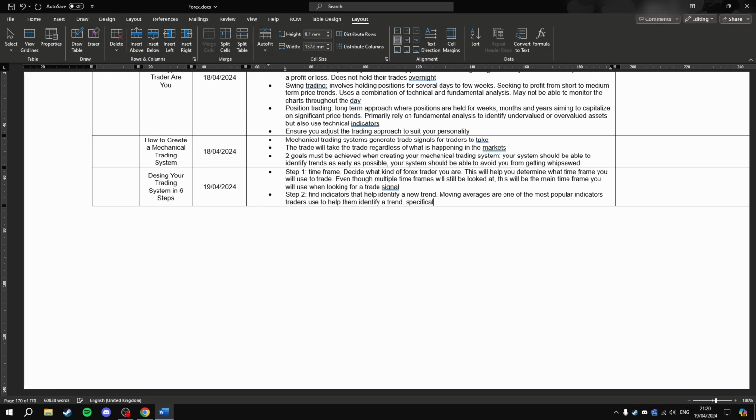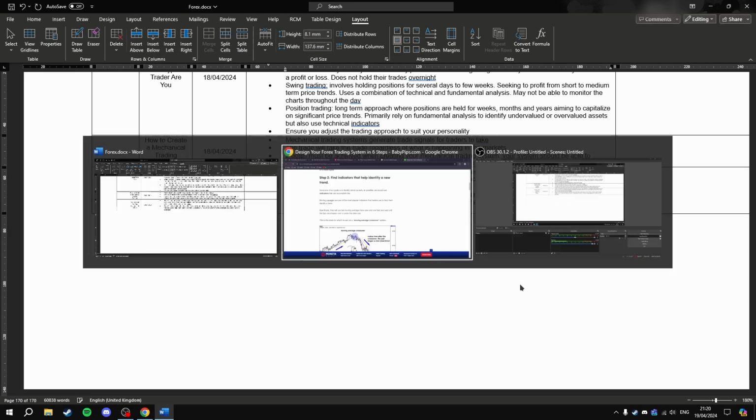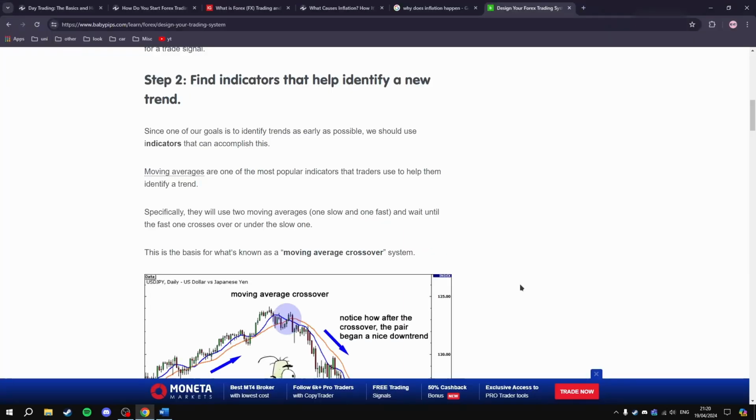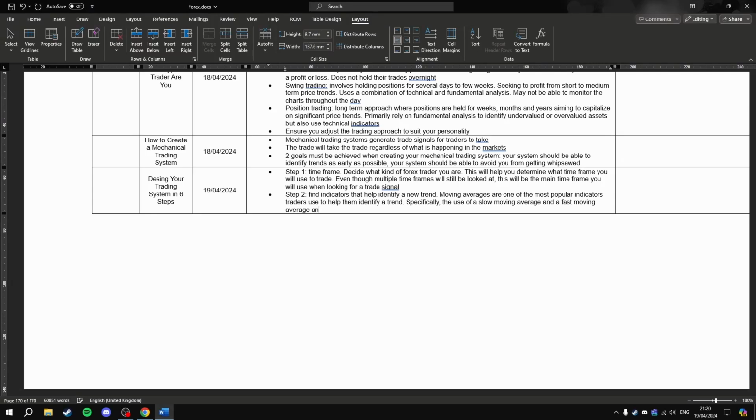Specifically, they use a slow moving average and a fast moving average, and wait until one crosses over or under the other.